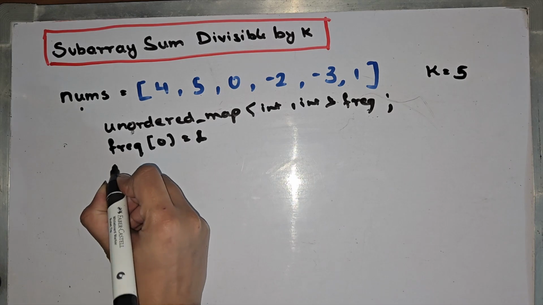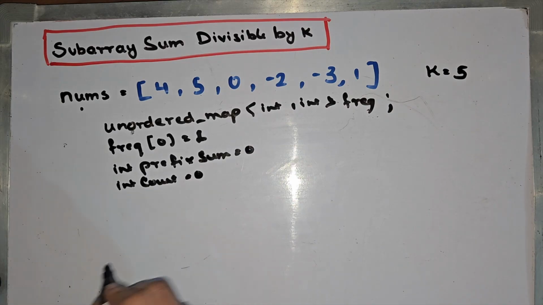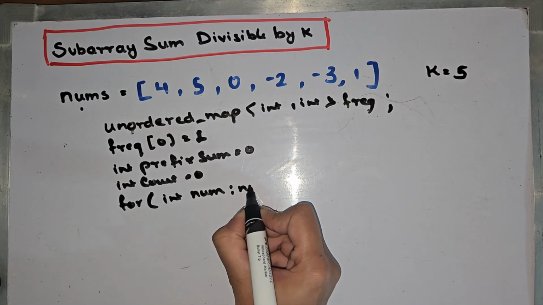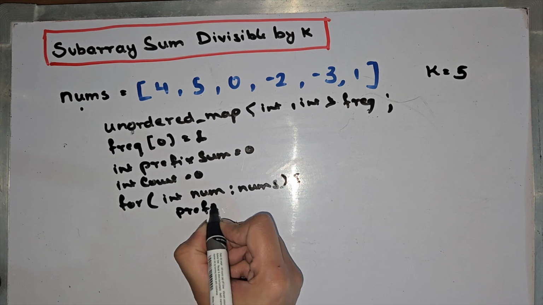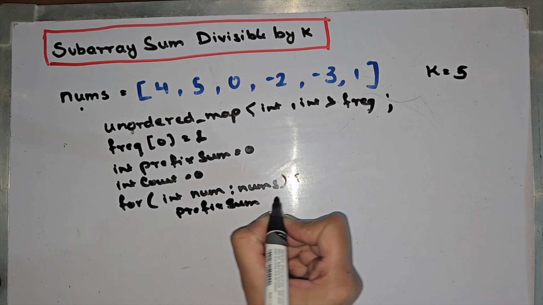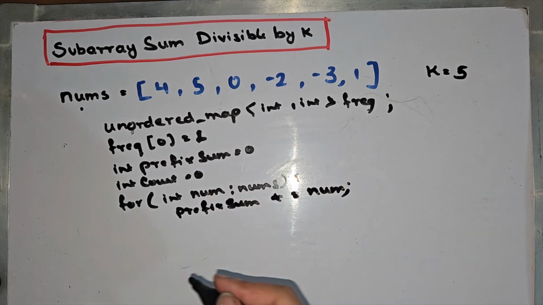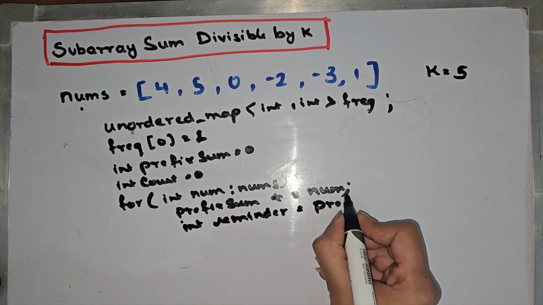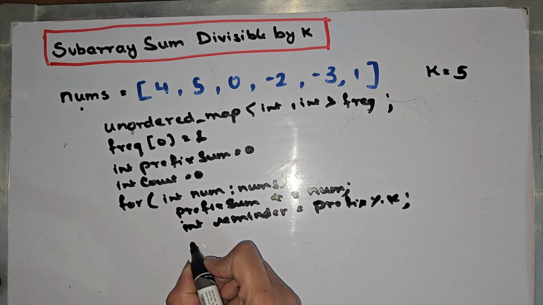So that's why we are doing this. Now we will have a prefix sum and a count, and we will run a loop. In this loop, we will add the element to the prefix sum. Now we will calculate the remainder. We have the remainder, and we need to normalize it in this case.